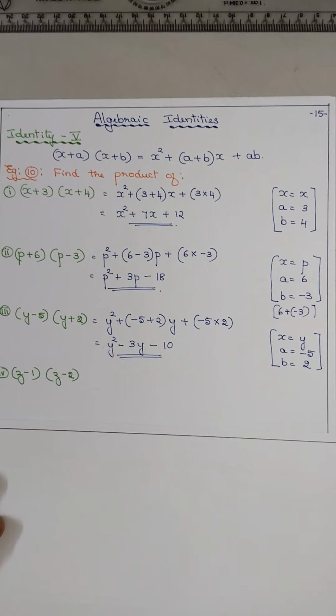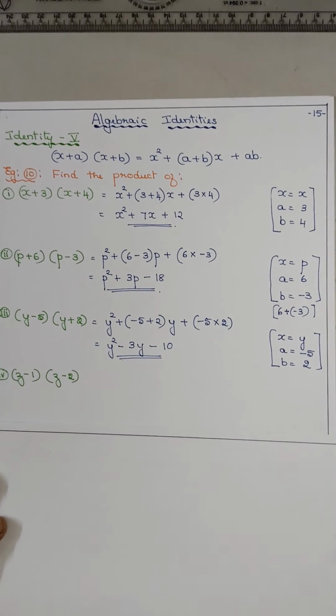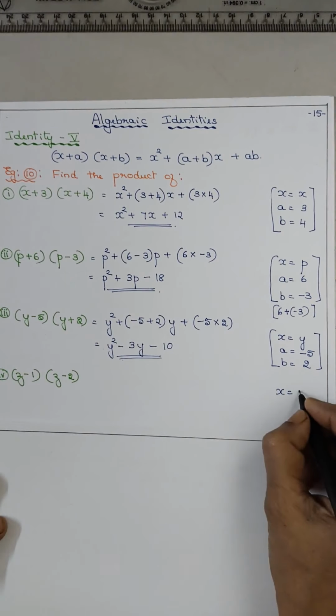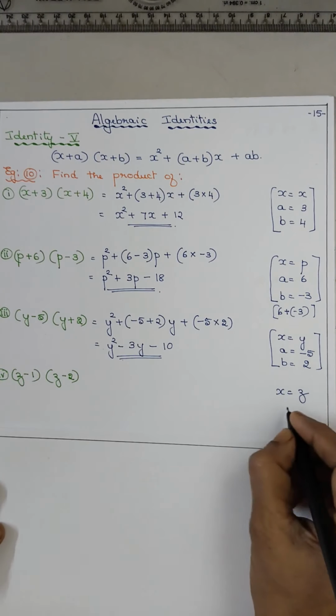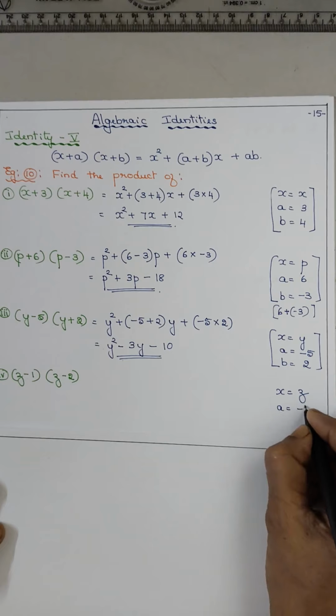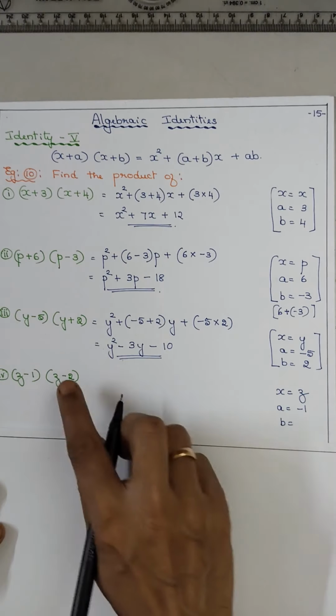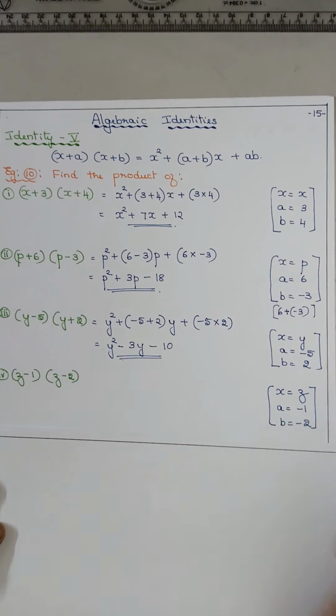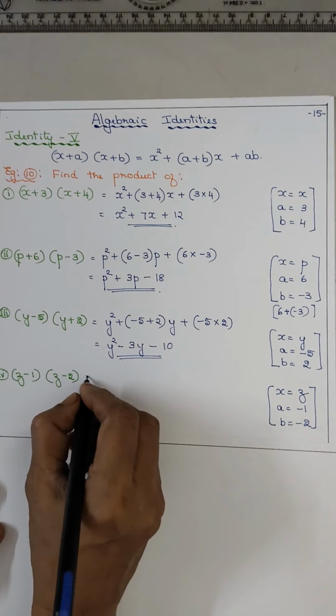Now coming to the fourth sum, here x is equal to, first term is z. Now a is equal to minus 1, b is equal to minus 2. Now put the values.